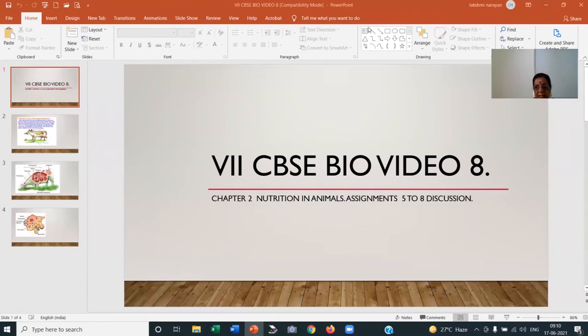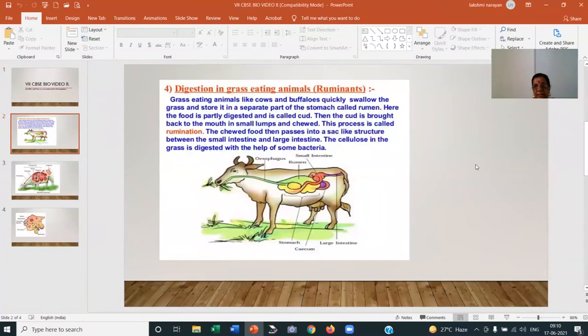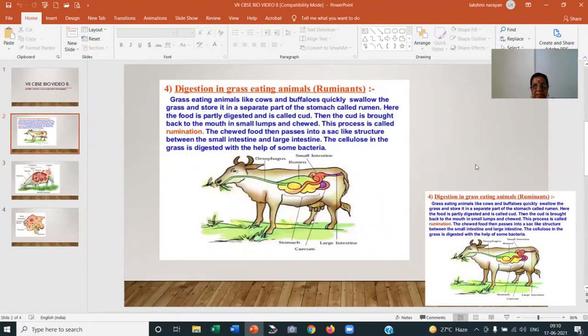This is another example that I have given as digestion in grass-eating animals. Just now I explained it. During this explanation or description, as we call it, the figure will be coming on your screen so that you will understand still better.